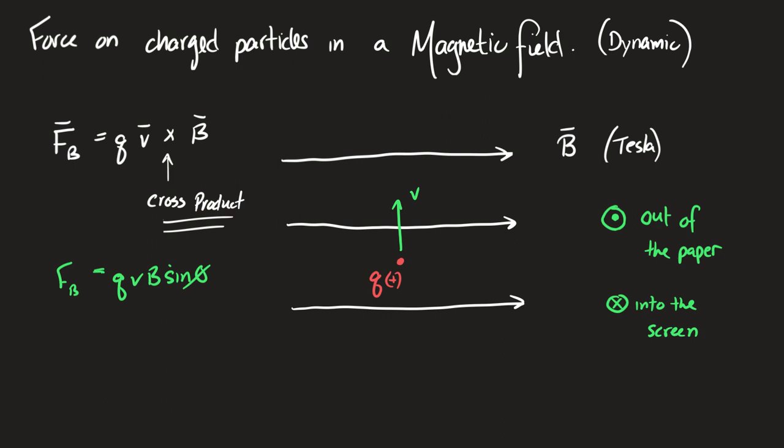Just think that an arrow has a pointed end, and if you think of a real arrow, it has fletching. So if it's coming at you, you see the point of the arrow as it comes at you. If it's going away from you, you see the fletching of the arrow. That is supposed to be the cross. So if we were to be told what is the direction of the force, it would be expected that you would say, okay, the force in this case is into the board and acts on the particle.